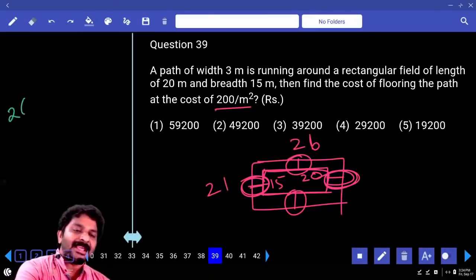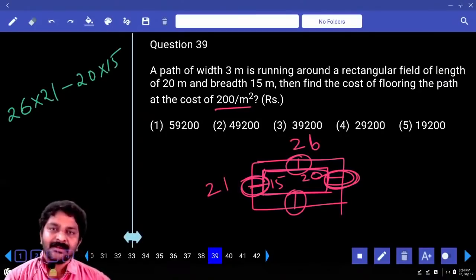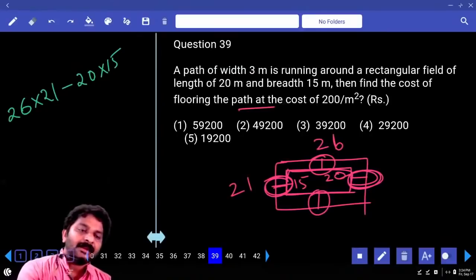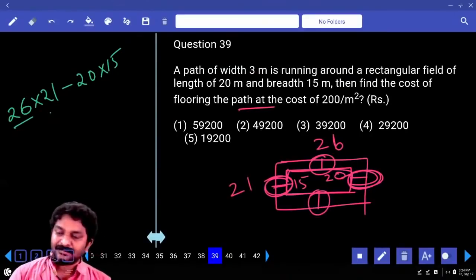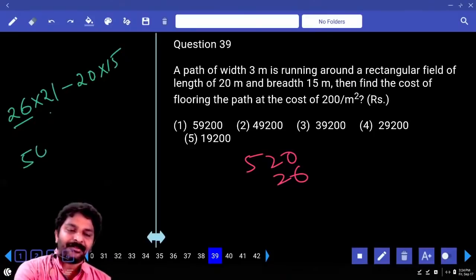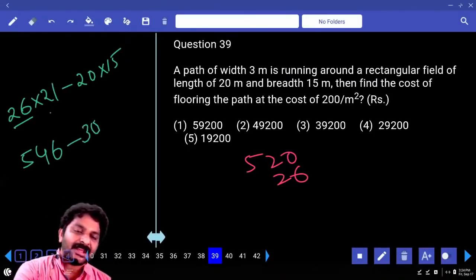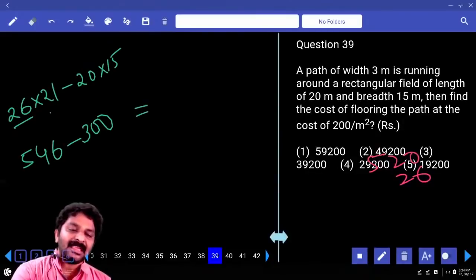So outer rectangle area 26 into 21 minus inner rectangle area 20 into 15. Clear so far? 26, 20 times is 520 plus one more time 26, 546, minus 20 times 15, 300. So path area is equal to 246.